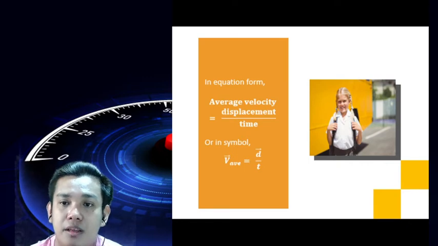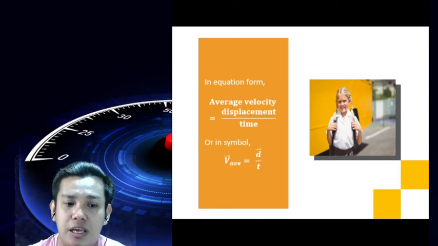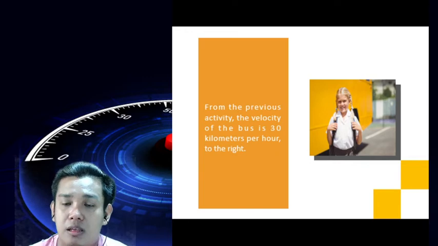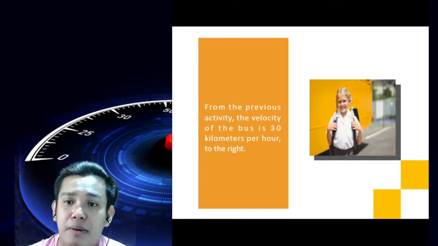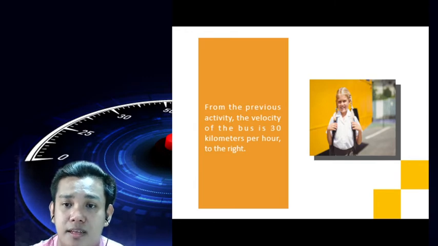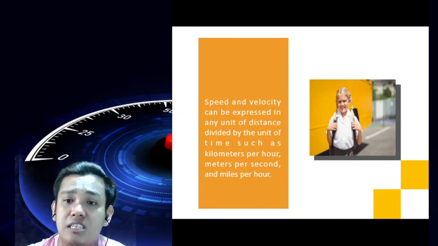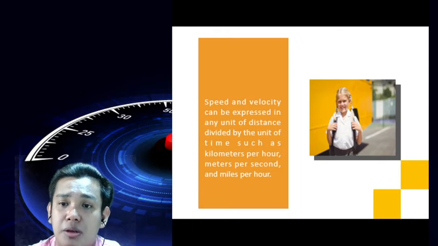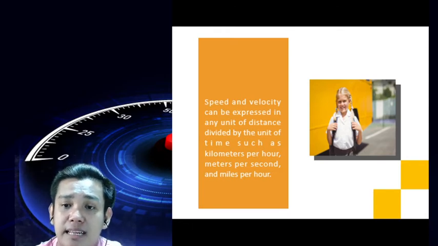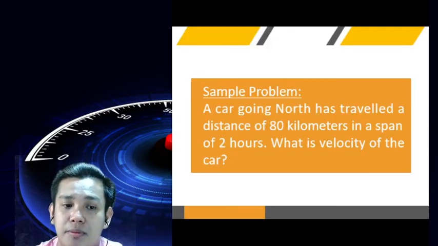From the previous activity, the velocity of the bus is 30 kilometers per hour to the right. Speed and velocity can be expressed in any unit of distance divided by a unit of time, such as kilometer per hour, meter per second, and miles per hour.